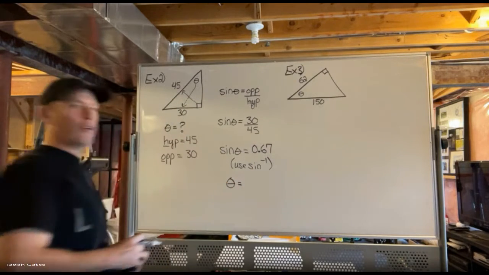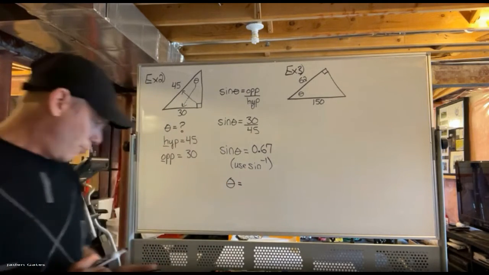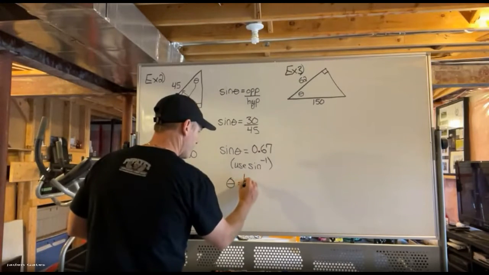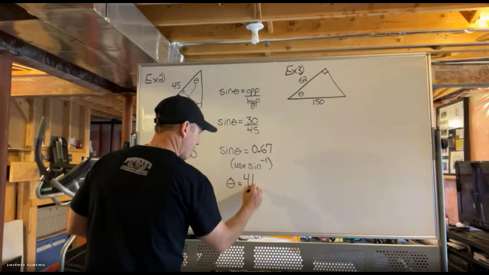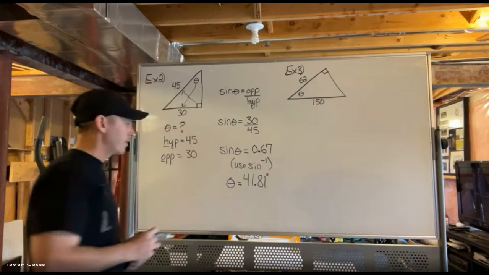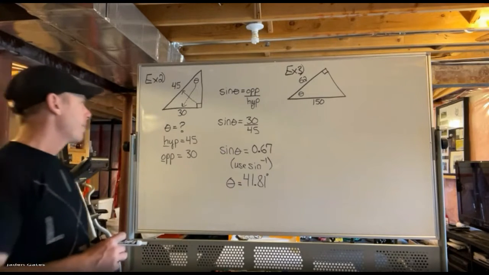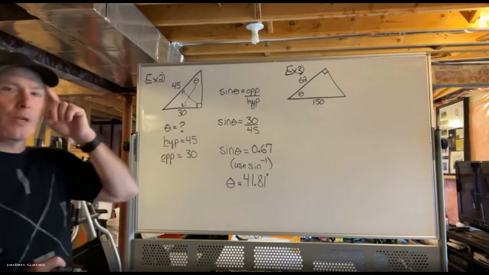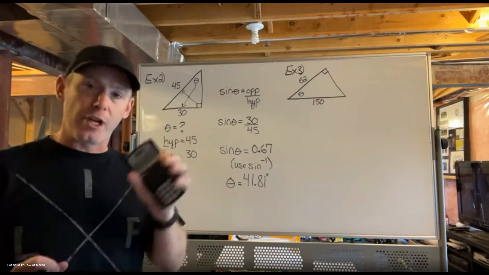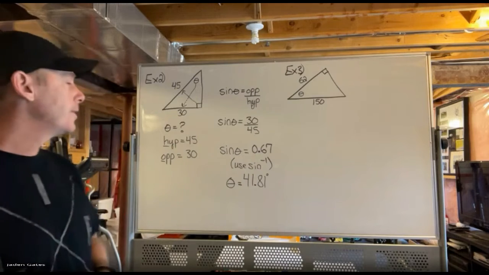And if your calculator's in the right mode, you should end up with 41.81 degrees. There we go. So all the steps are the same as what we did the other day. Just the ending's a little bit different. It's actually easier if you got your calculator in the right mode.